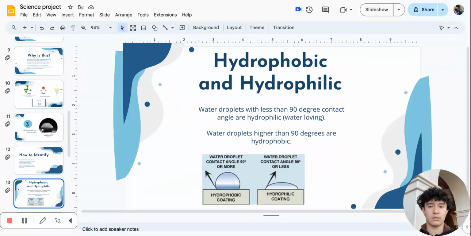So you may ask, what is a contact angle? You look right here, and you're measuring from the bottom to the angle that the water droplet makes. As discussed, something that is hydrophobic would be greater than 90 degrees, but something that's hydrophilic would be less than 90 degrees, as shown right here.